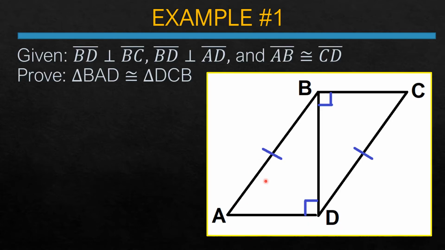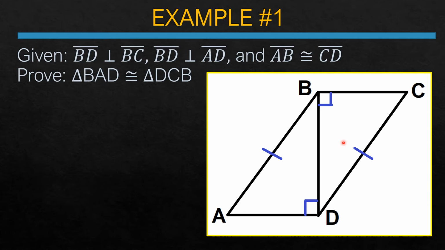Line segments AB and CD are congruent. We need to prove that triangles BAD and DCB are congruent. To prove this, we simply need three corresponding parts of the two triangles congruent.